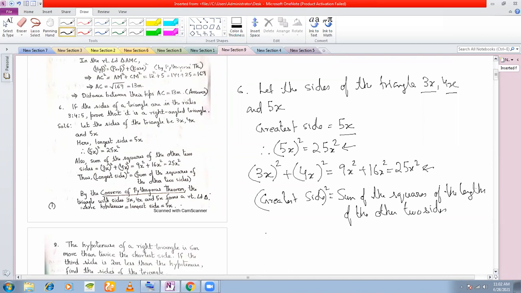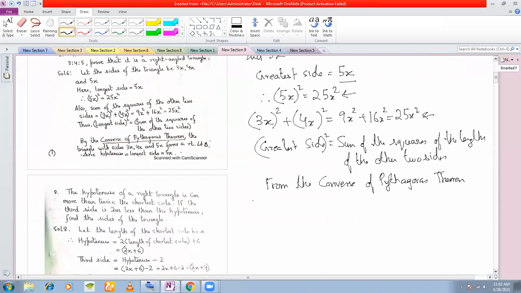So therefore, what can you say from the converse of Pythagoras theorem? Which one is the hypotenuse? The side of length 5x, right?